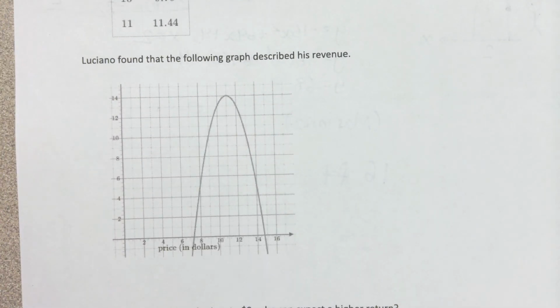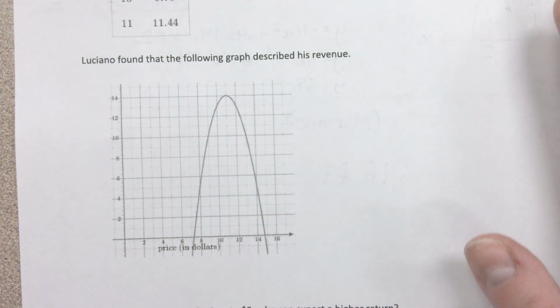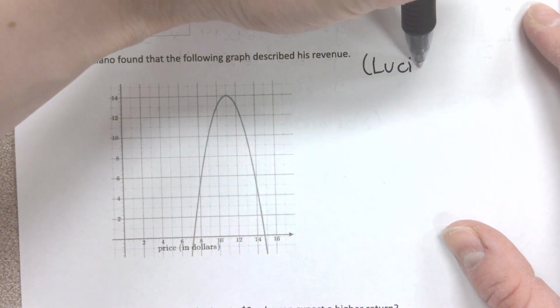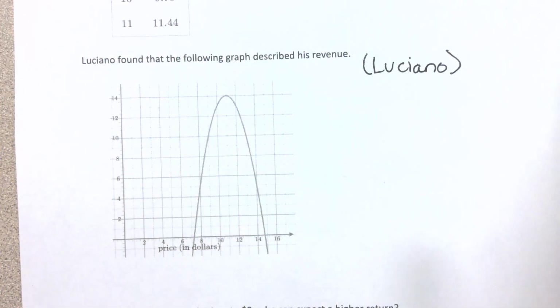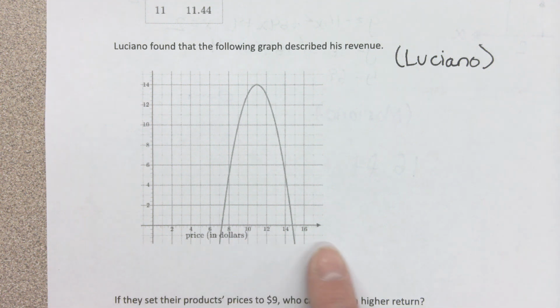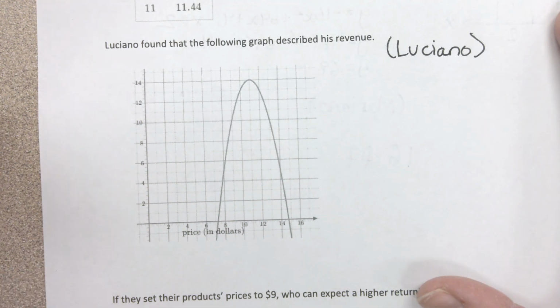Graph. Luciano found that the following graph described his revenue. So this is Luciano's representation. As you can see, the x-axis is clearly marked, price in dollars, and the y-axis again is revenue.